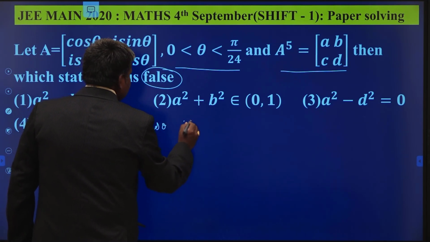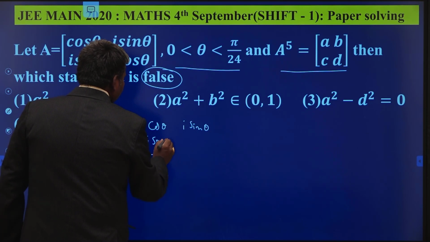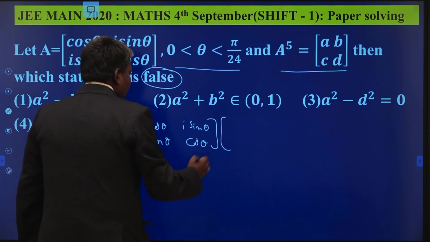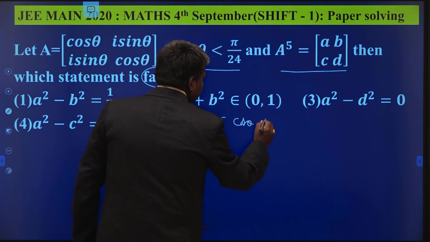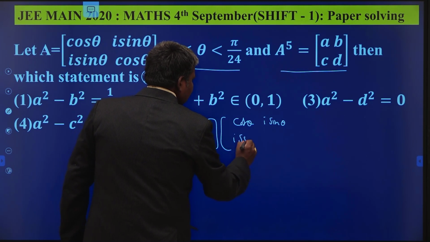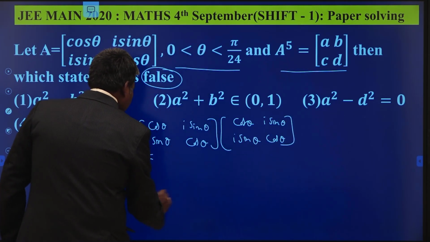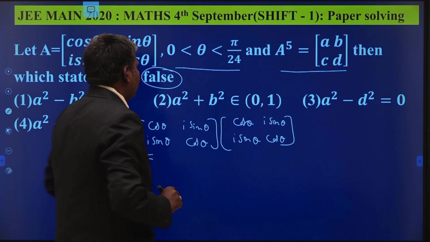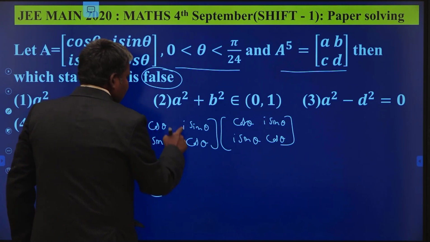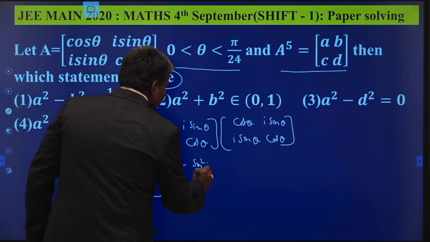Cos theta, i sin theta, and i sin theta, cos theta, into cos theta, i sin theta, and i sin theta, cos theta. What will happen? Cos theta into cos theta, cos square theta. This is cos square theta, i into i, i square is minus 1, minus sin square theta.